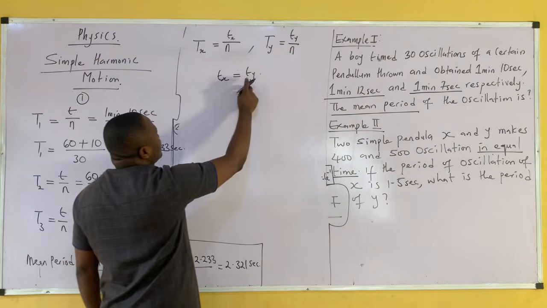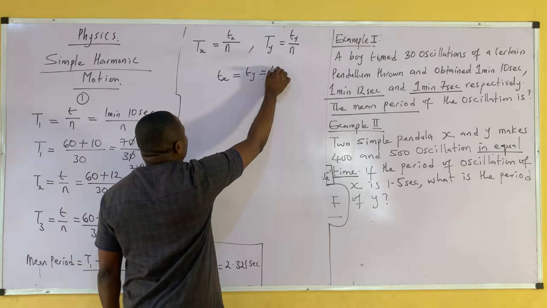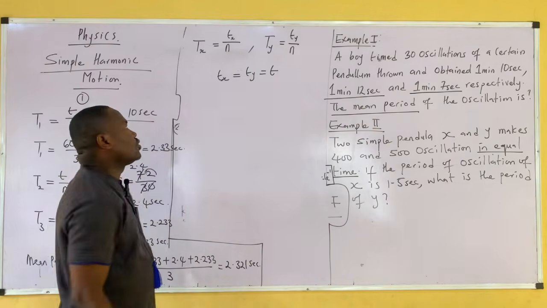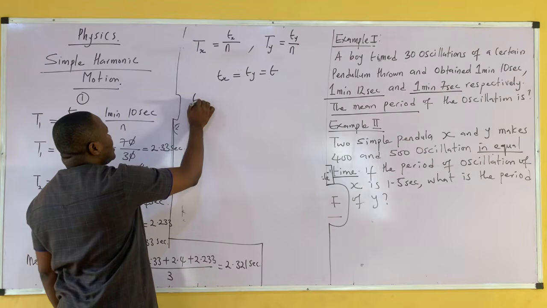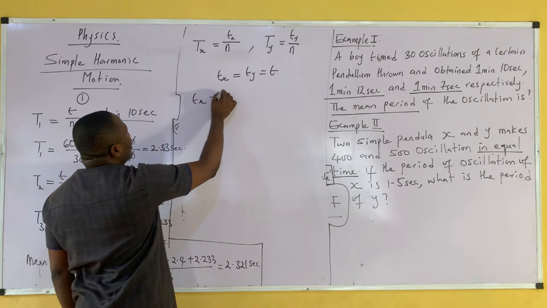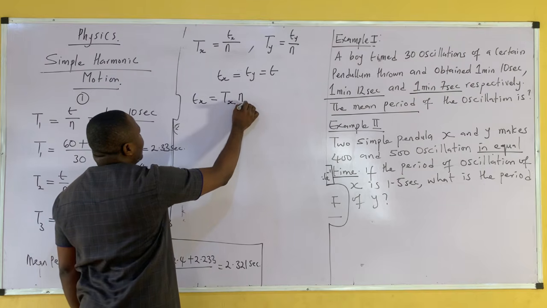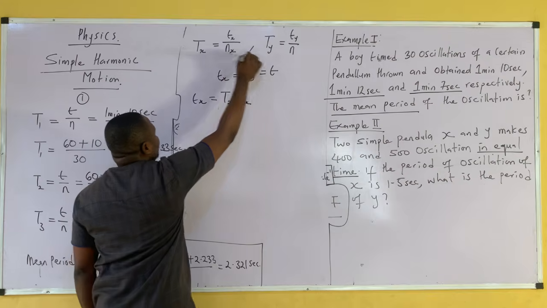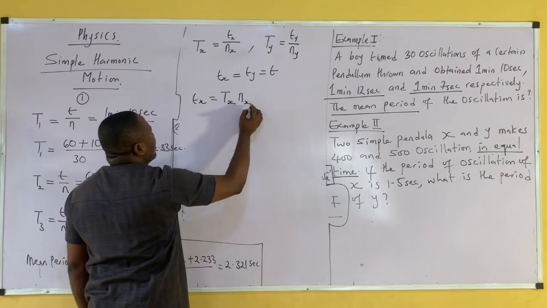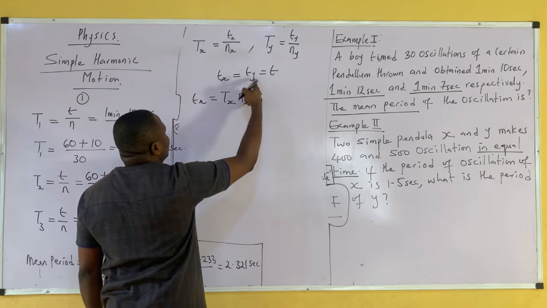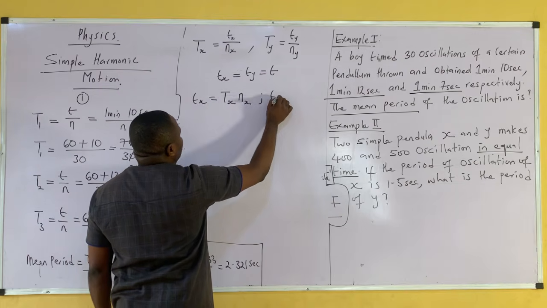So if our Tx and Ty equal T, because they are equal, I can make them the subject of the formula. So what is Tx? Tx is equal to period of x times n of x. This is n of x, while this is n of y. What about my Ty?